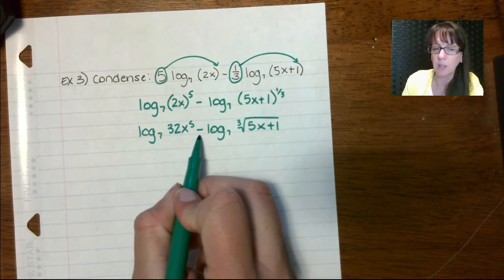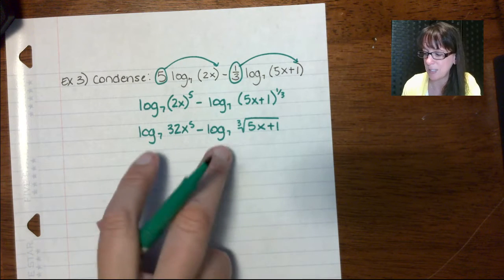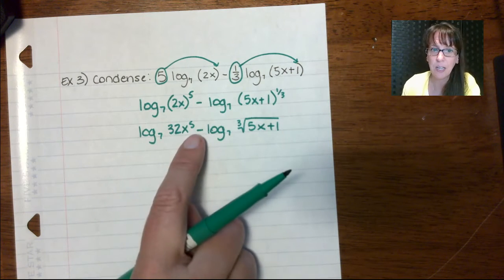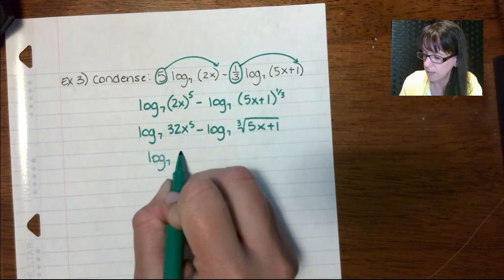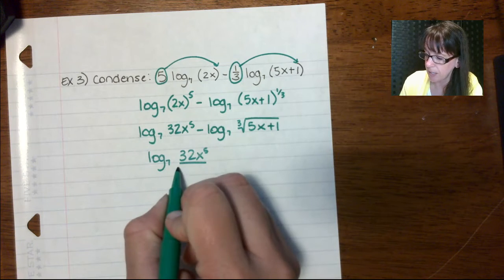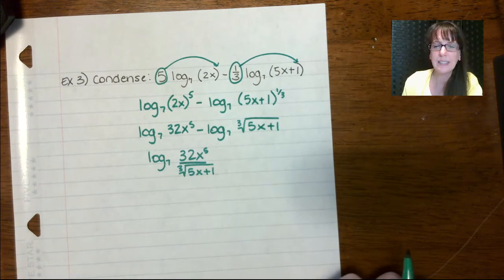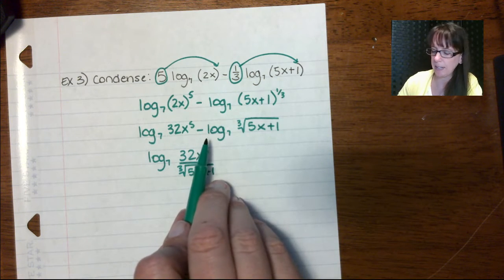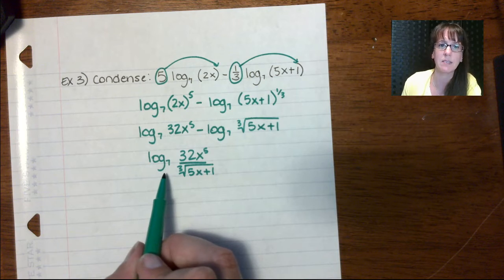Okay, now remember, when we're condensing, we want to get down to just one logarithm. And I see 2 logs here, so I have to condense. Remember, subtraction means division. So log base 7, 32x to the 5th divided by the cube root of 5x plus 1. I see a lot of kids are usually tempted to write all of this and then put the log base 7 again in front of the cube root.